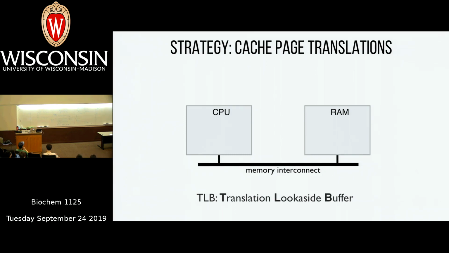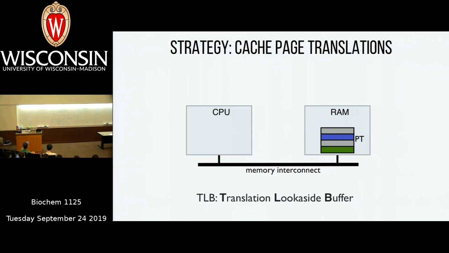So the basic intuition there is, remember, in RAM, in physical memory, we have these page tables for every process that's out there. These things are huge. In the common case, we don't just access random page table entries. We access just a few of them over and over again.